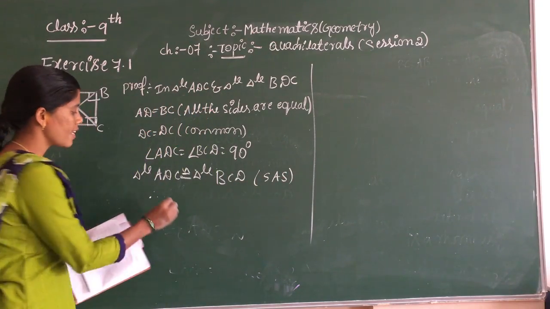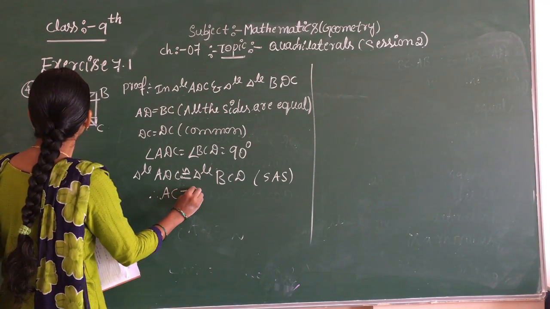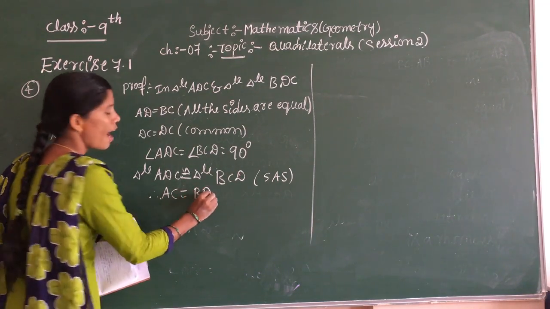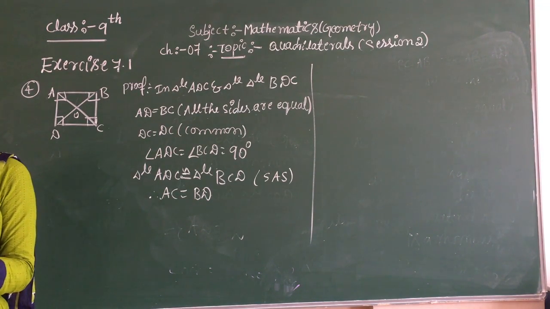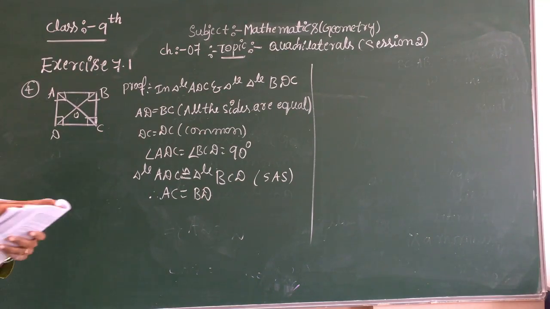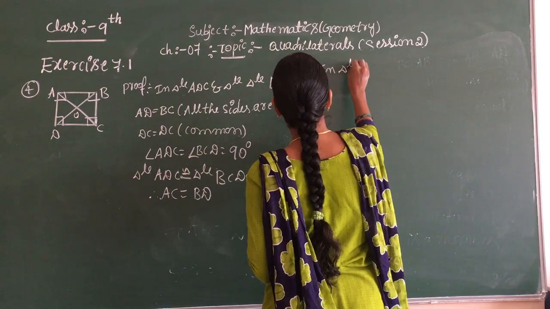Okay. So AC is equal to BD. Diagonals. What is that? Both are diagonals. Okay children, it has two diagonals. Okay, in triangle, which one is that?